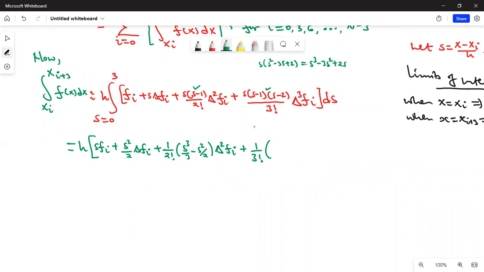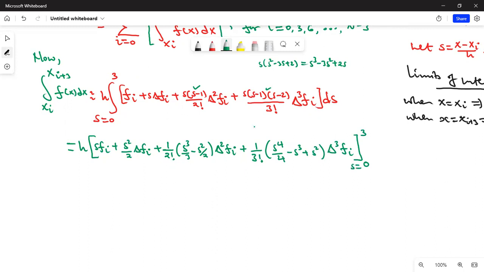So when I integrate that, you get s raised to 4 over 4 minus s cubed plus s squared delta cubed fi. And so this is from 0 to 3. S is equal to 0 to 3.